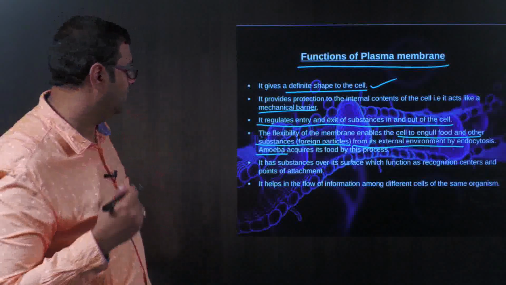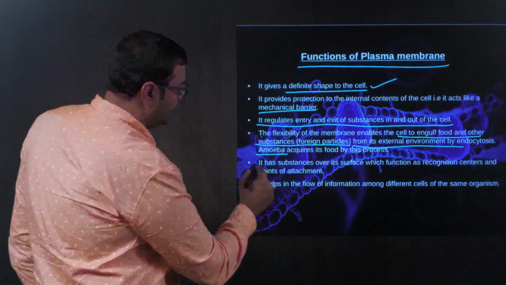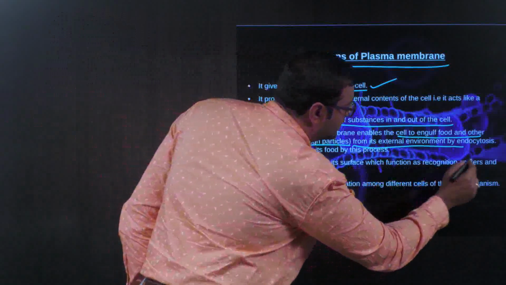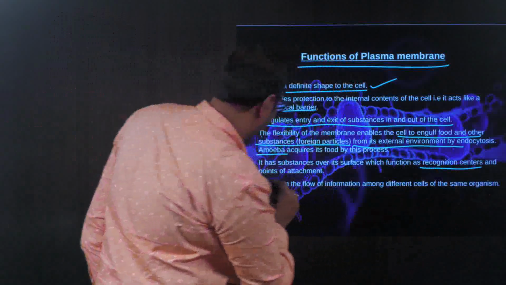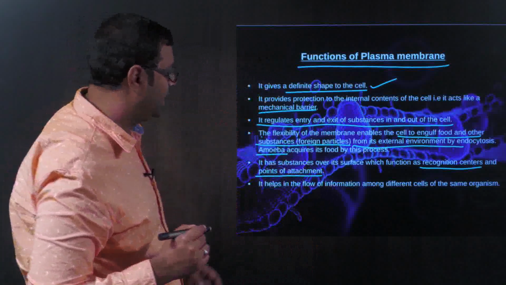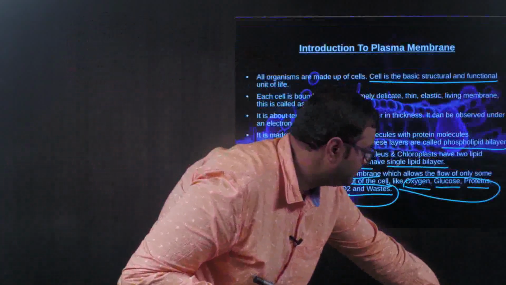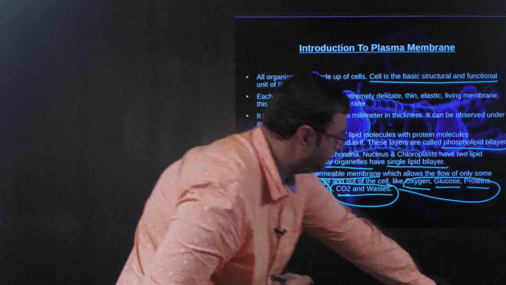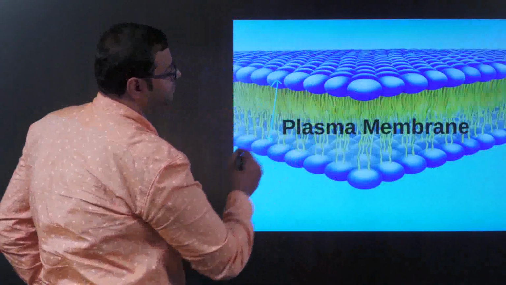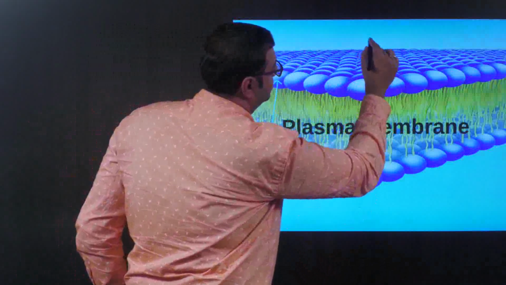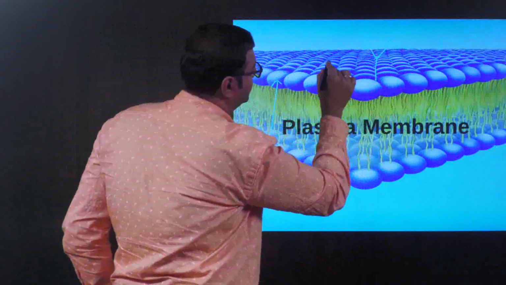All right children. Now moving on to the next function. It has substances over its surface which function as recognition centers and points of attachment. Now let me go to the first slide. It has certain receptors like this on its surface.